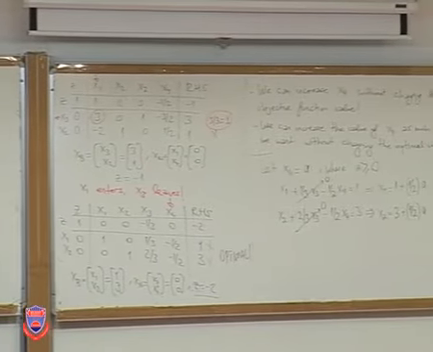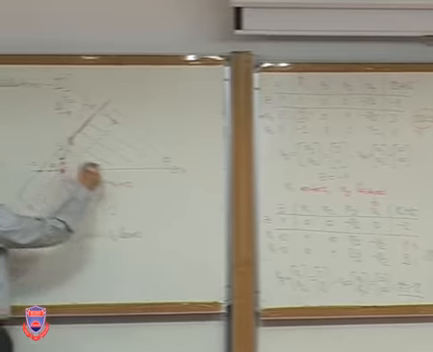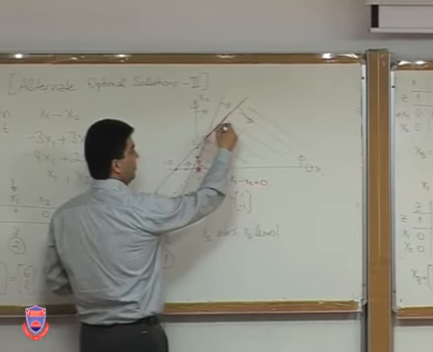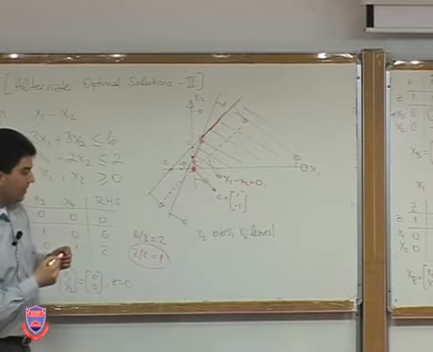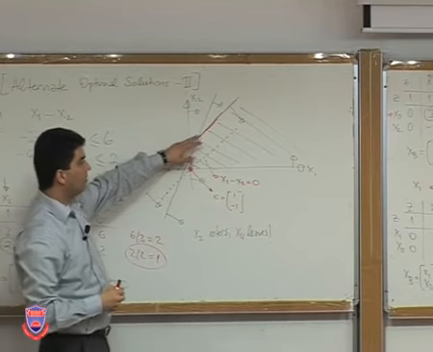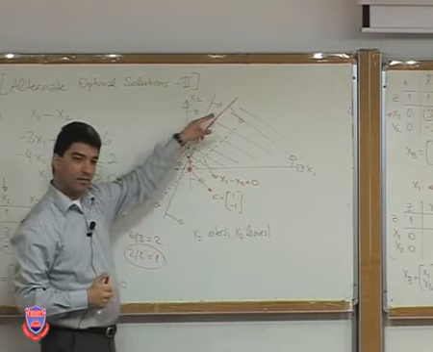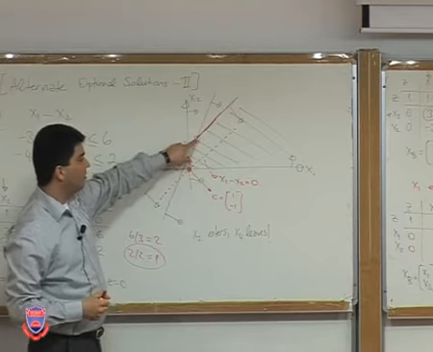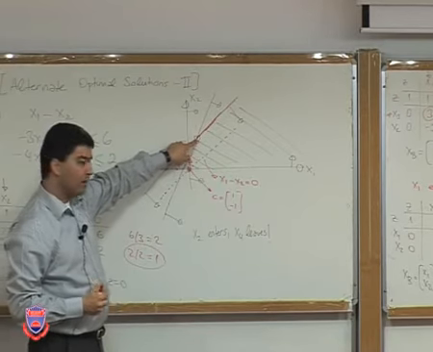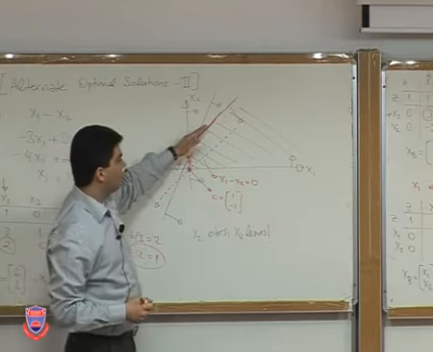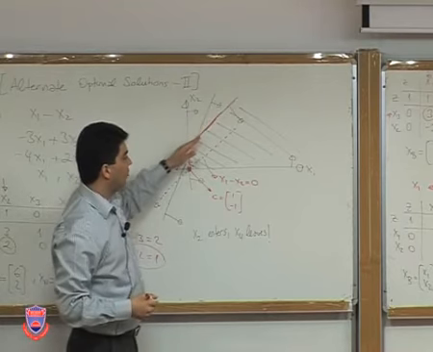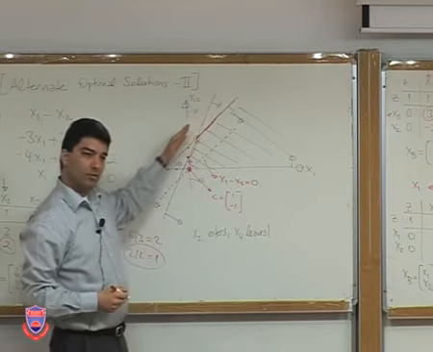As a starts to increase, you start moving along this direction. As the value of a changes, you're finding all different solutions on this half line. When a is equal to 0, you're exactly at this point, and as a increases, you move along this half line, and everything on this half line is an optimal solution.